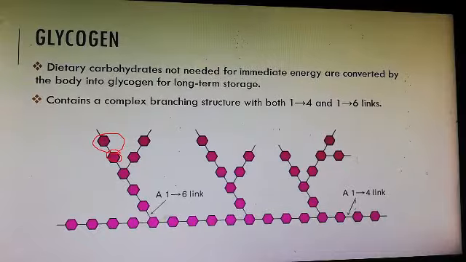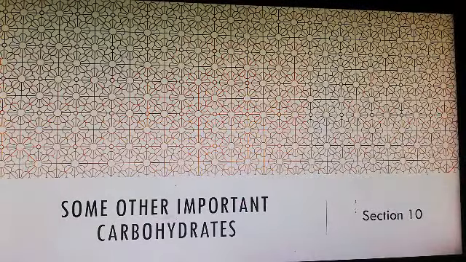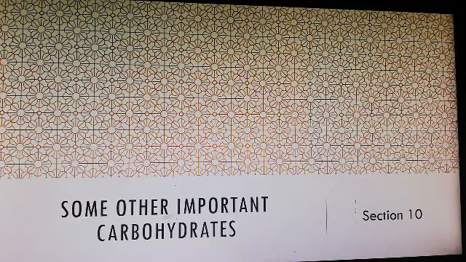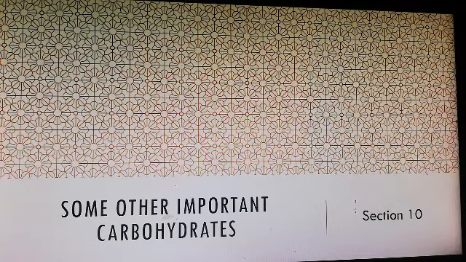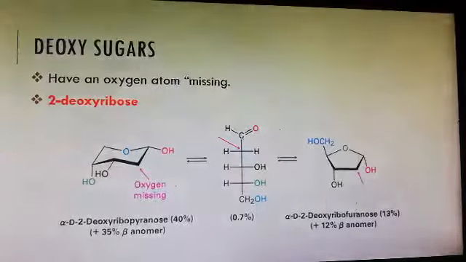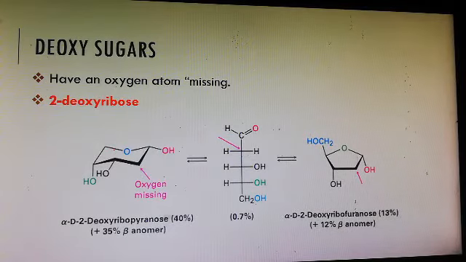Those hexagons. So, we also have other important carbohydrates. These other important carbohydrates are not simple aldoses or ketoses only. So, let's have the deoxy sugars.